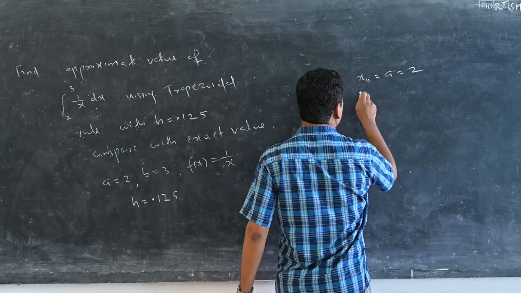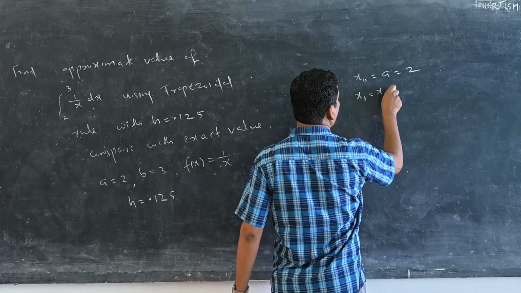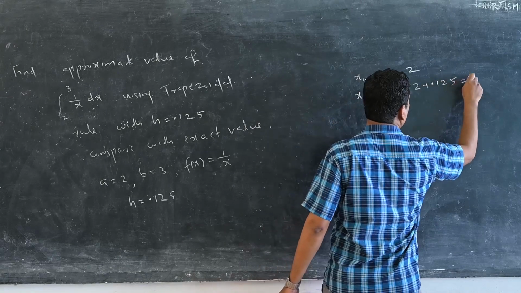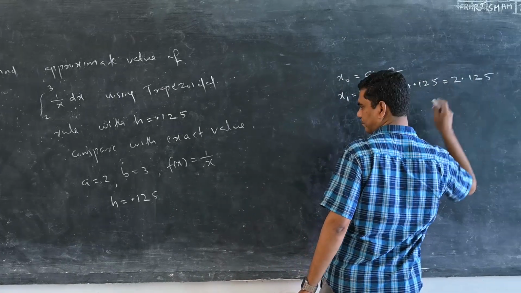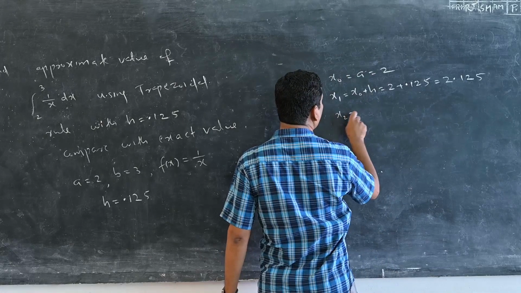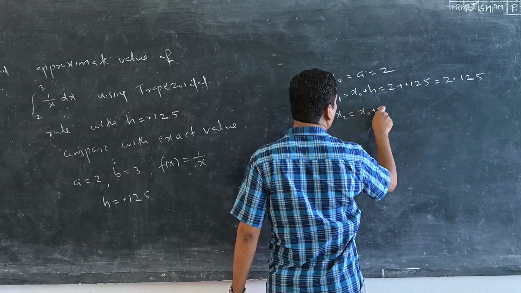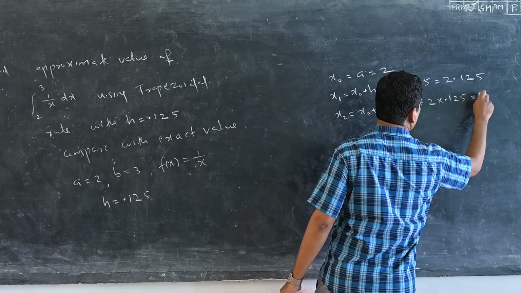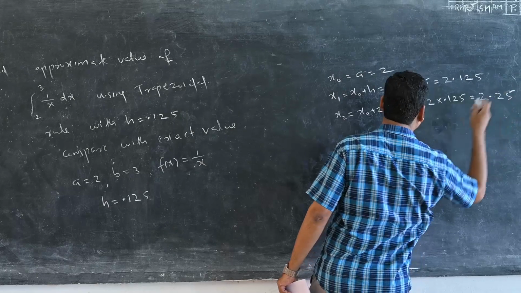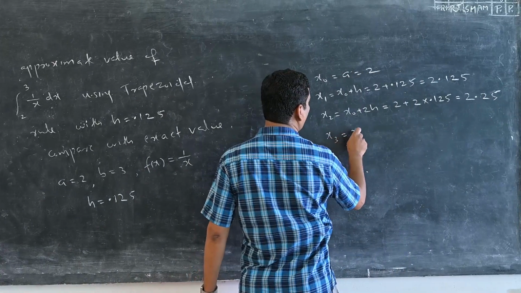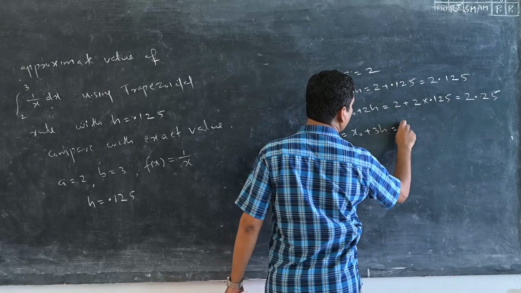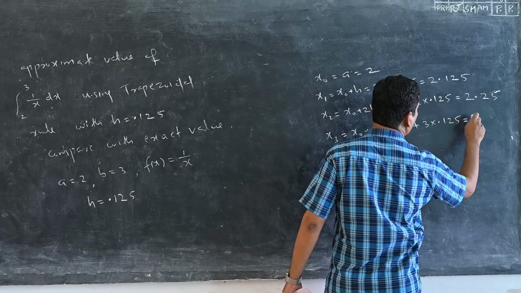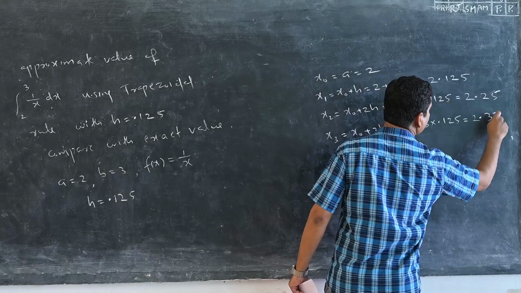X1 is equal to x naught plus h, 2 plus 0.125, 2.125. X2 is equal to x naught plus 2h, 2 plus 2 into 0.125, 2.25. X3 is equal to x naught plus 3h, 2 plus 3 into 0.125, 2.375.